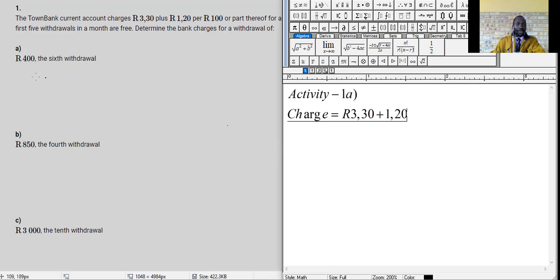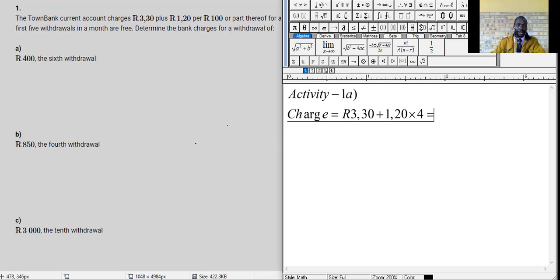Now, how many 100s do we have in 400? We have 4 100s. Okay, we have 100, 200, 300, 400. So we can write this as times 4. Now that will give us exactly what we are looking for. And what is that going to be?